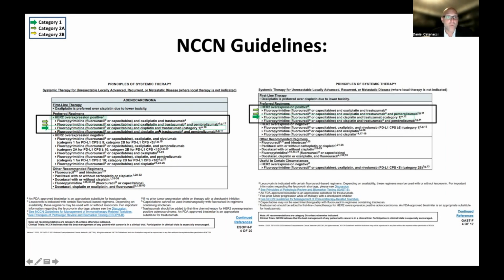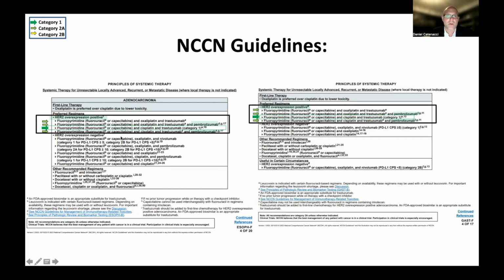In addition, now we have the Keynote 811, which is not category 1 because it's not the phase 3 data yet. We're still waiting for that. But on the first look with response rates, the FDA has done this conditional accelerated approval of the regimen of Keynote 811 and Pembrolizumab. And also 2A is replacing oxaliplatin with cisplatin if that was intended or required or desired for any reason.